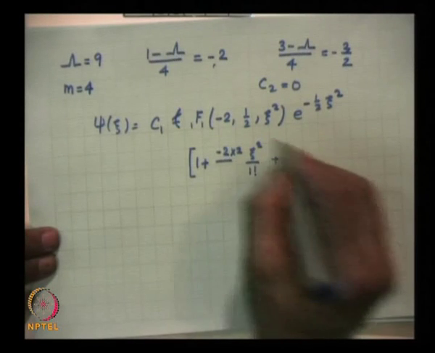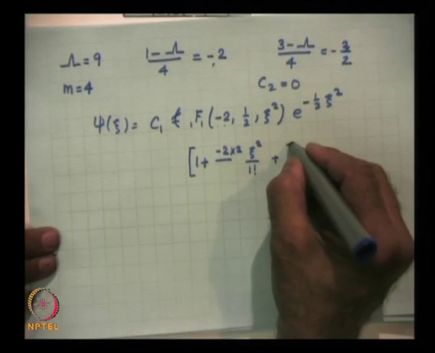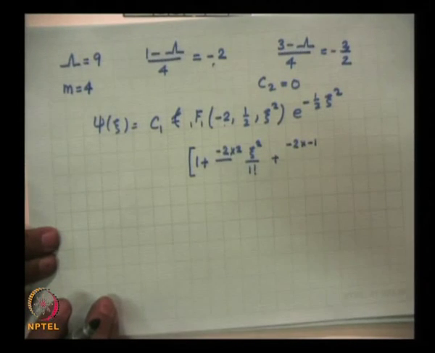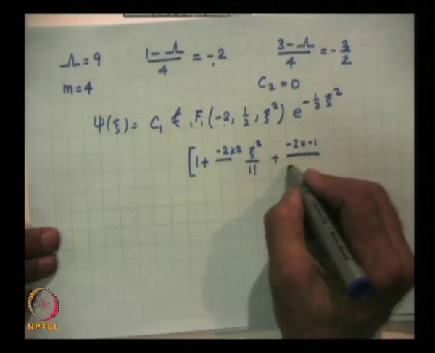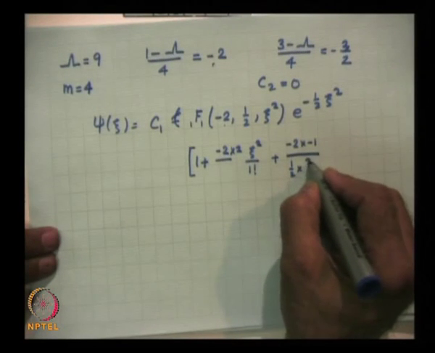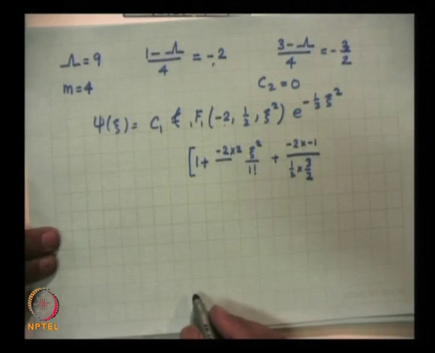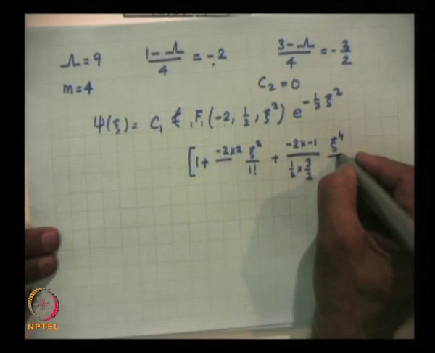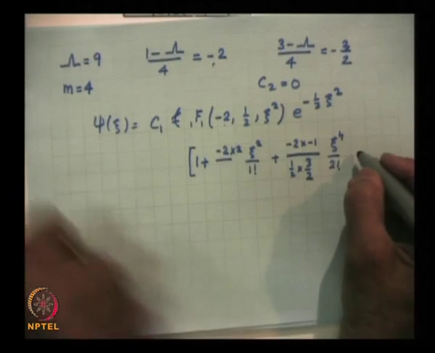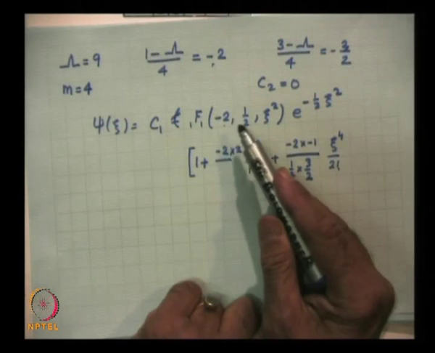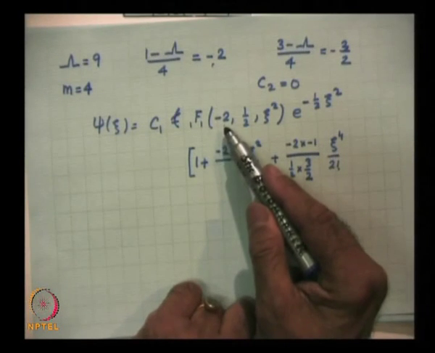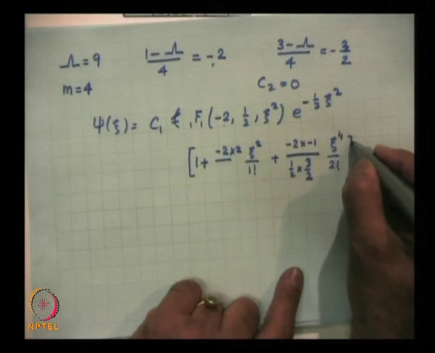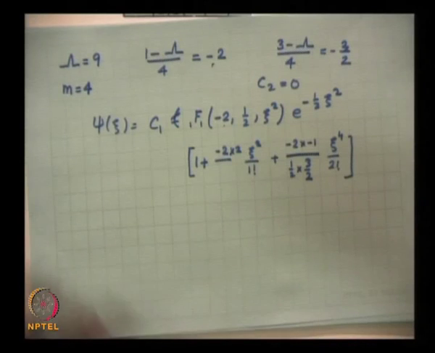Then plus A into A plus 1, so, minus 2 into minus 1, divided by C into C plus 1, half into 3 by 2, multiplied by xi 4 by factorial 2. Next term will be A into A plus 1 into A plus 2, but A plus 2 is 0. So, that term will not be there and all subsequent terms will vanish.